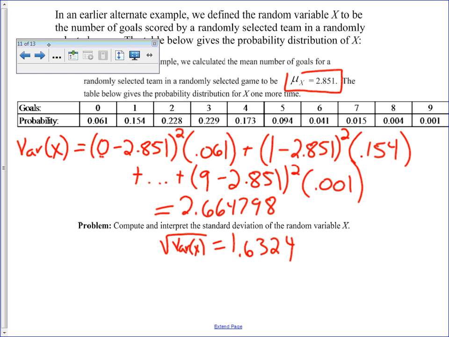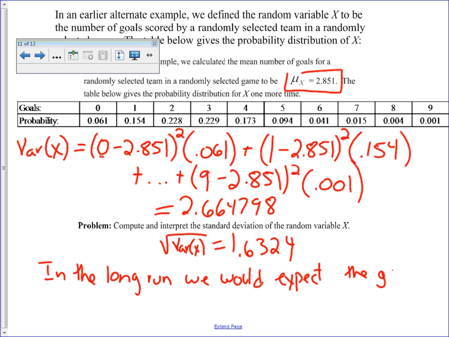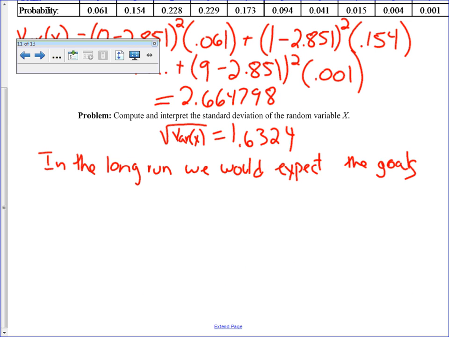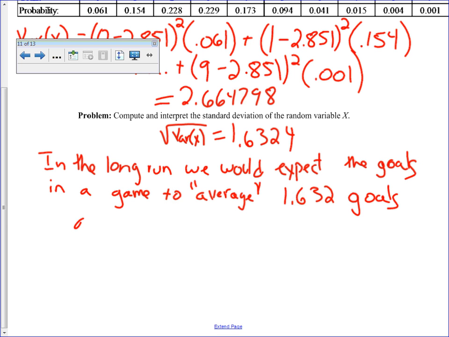Then I need to interpret it. So in the long run, we would expect the goals in a game to be off from the average by about 1.6324 goals, above or below 2.851, which was the expected value.